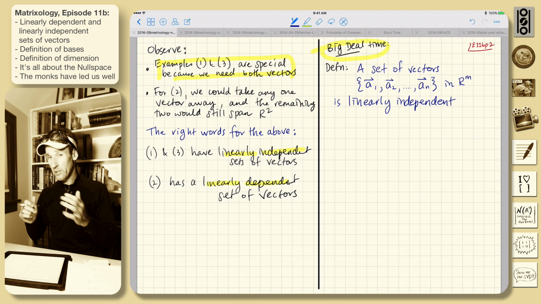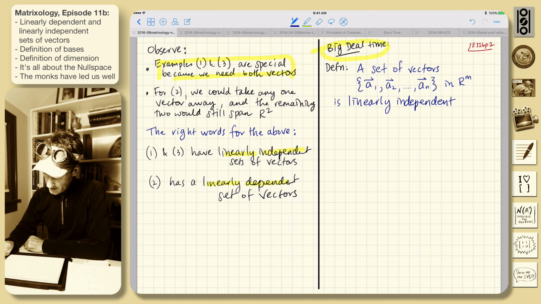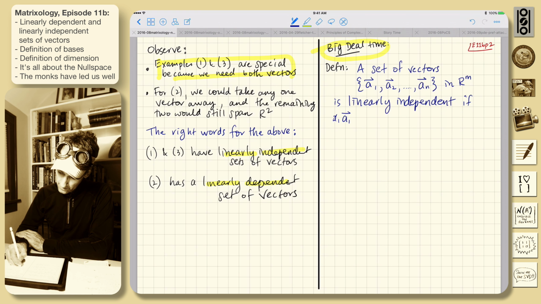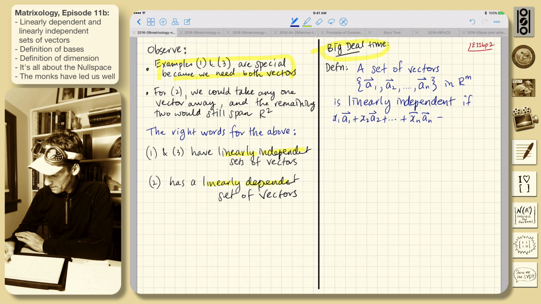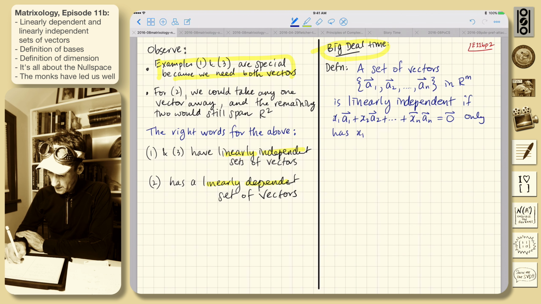A set of vectors in Rm is linearly independent if x1 times a1 plus x2 a2 plus ... plus xn an equals 0 only has x1 equals x2 equals ... equals xn equals 0 as a solution.